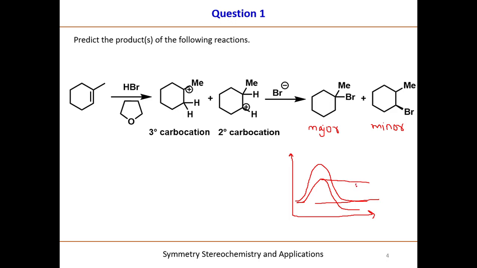Here you can see this is the activation energy, right? And in this case the activation energy is here, right? So because of the lower activation energy, the tertiary carbocation is most stable. So I hope all of you are clear with this example also. Please try to solve these examples by yourself, then it will be clear to you.